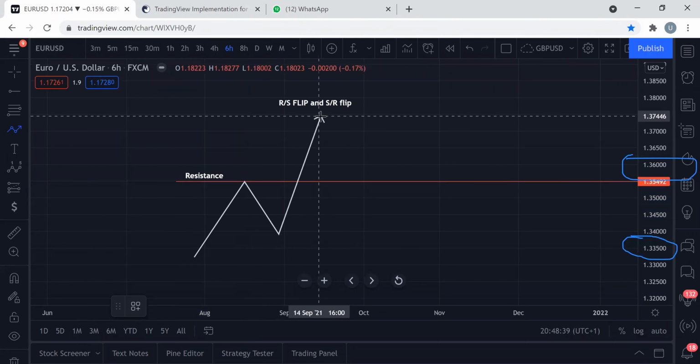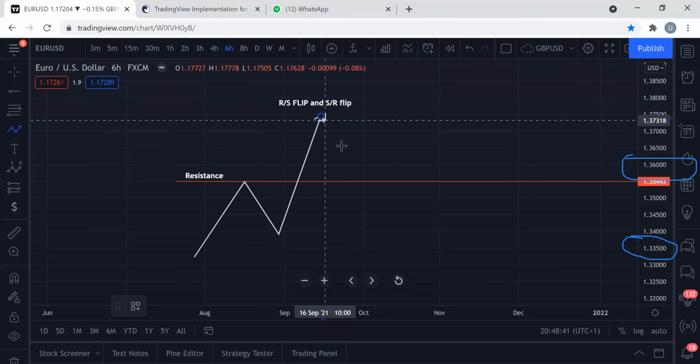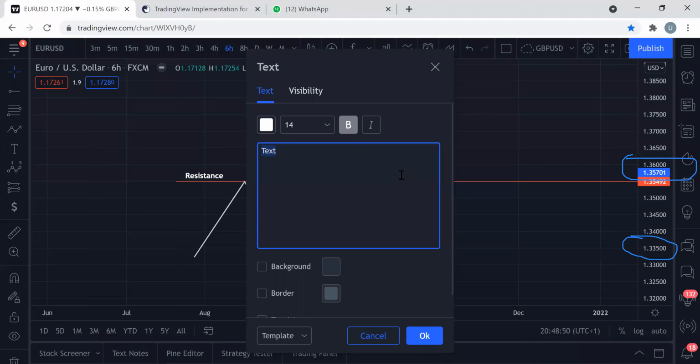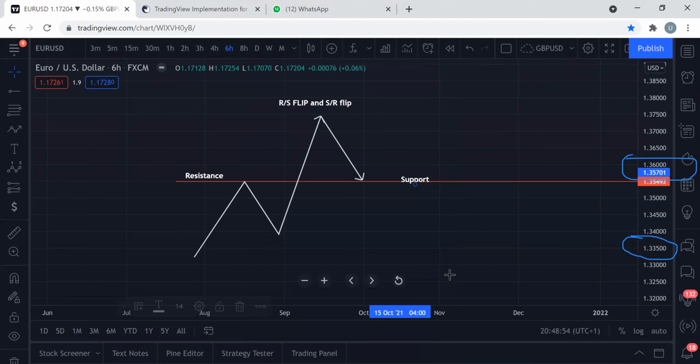most of the time when price breaks resistance, it always comes back to it. Now, on coming back to it, the line turns towards support. When a resistance level line is broken like this, and price comes back to it, it turns to support.